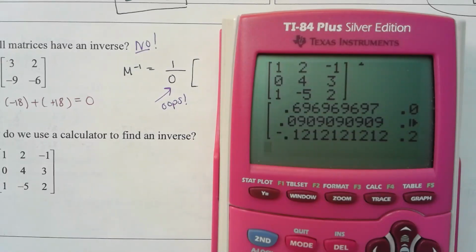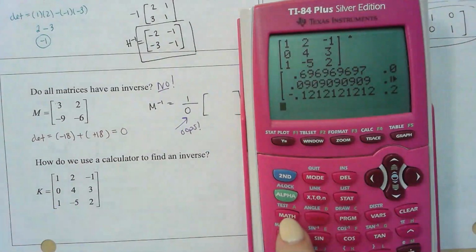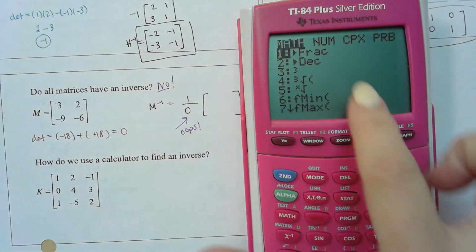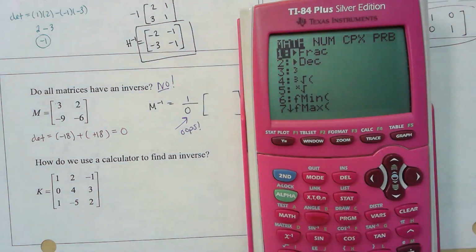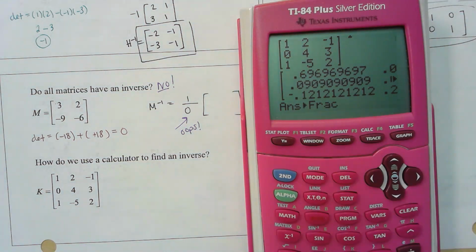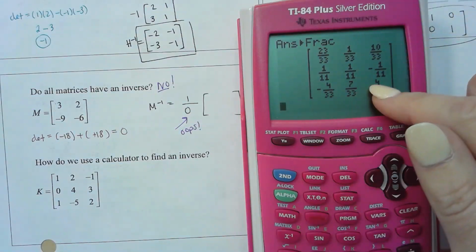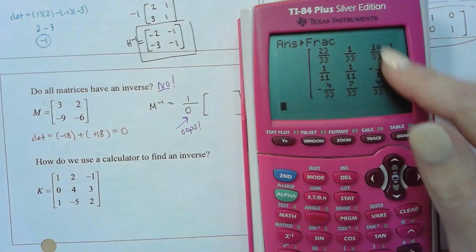The very next thing I'm going to do is hit my math button, which is right here. I want to take that answer and turn it into a fraction. As soon as I do that, it says, you want me to take the answer and turn it into a fraction. And it's going to take all 9 of those elements that we couldn't even see before and put them in.